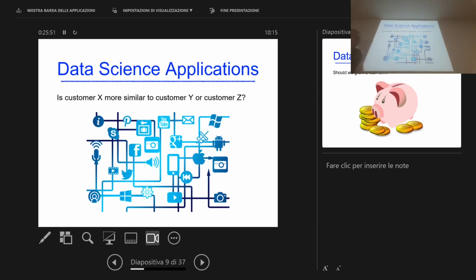Customer profiling. This is also one of the oldest applications of data science. Every company that has customers can do this.